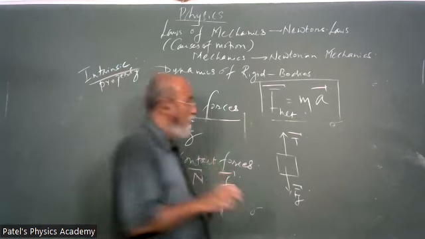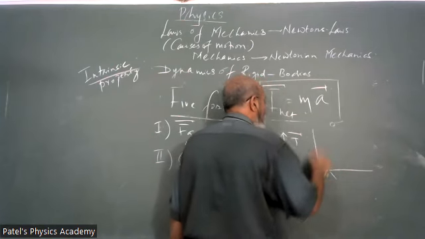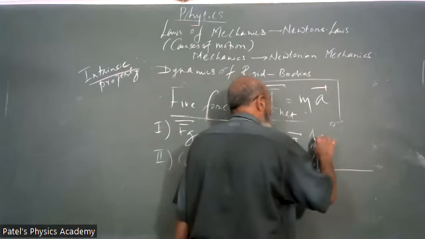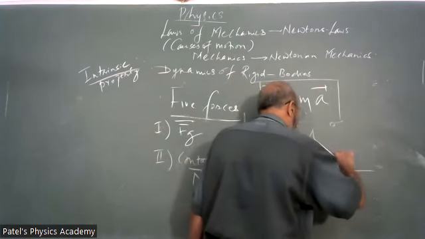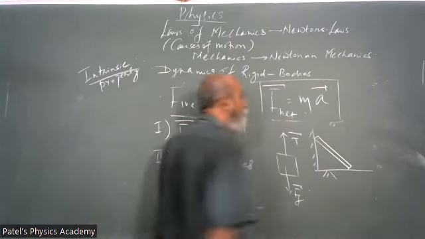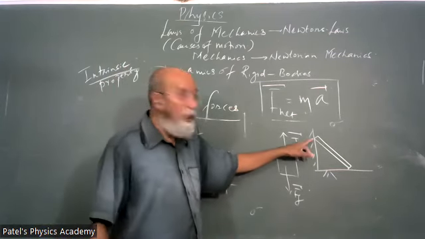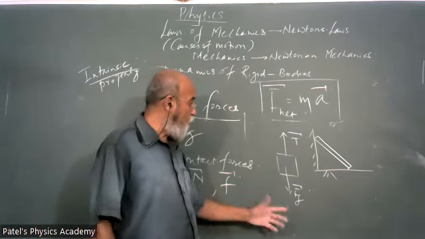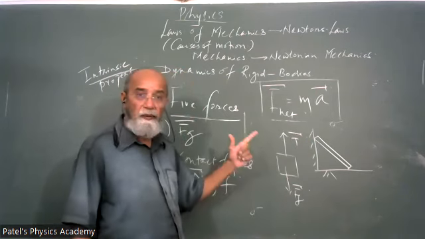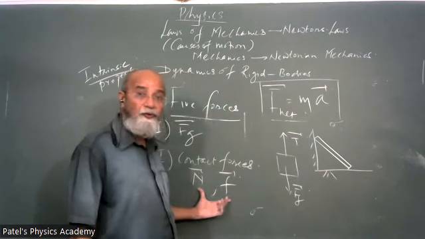But the moment I have this ground, and I have this wall, and I have this rigid body, which is a ladder maybe, it is in contact here with the wall, then these two fellows have to be there. It is in contact here, then these two fellows have to be there.